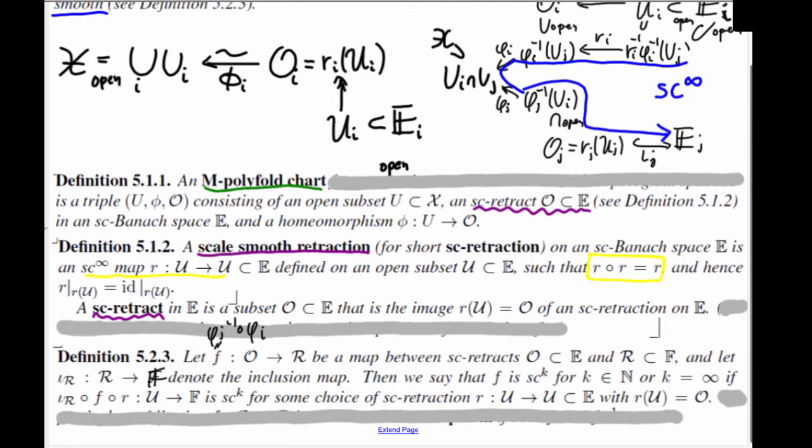We'll see, if we made an M-polyfold for Gromov-Witten invariants, then sometimes the E will just be sections of the pullback bundle of one smooth curve, and near the broken curves they're going to be products of pullback sections over two curves.